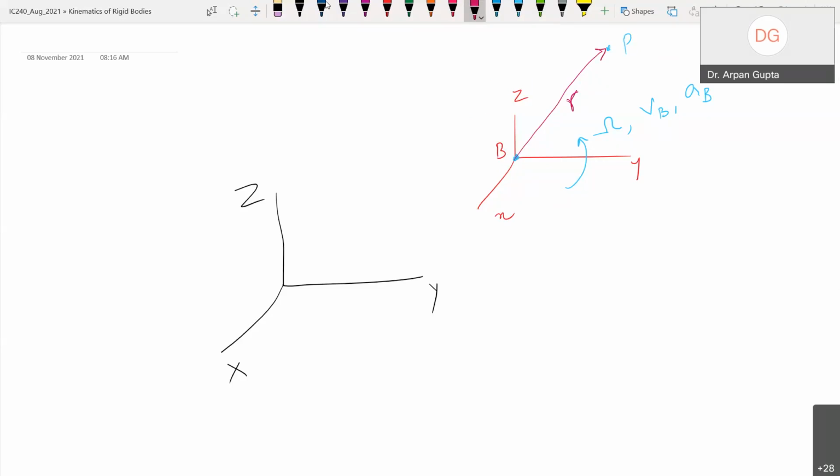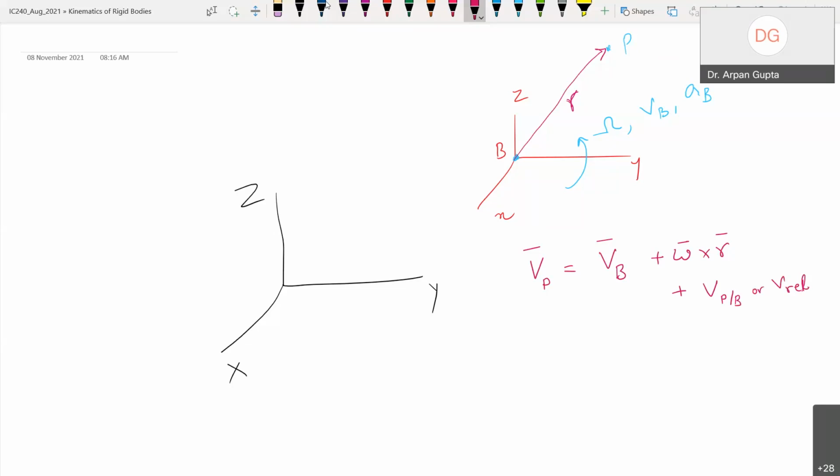And the final expression that we have derived is: velocity of point P is equal to velocity of frame B plus omega cross r, these are all vectors, plus the velocity of point P with respect to point B, or V relative.